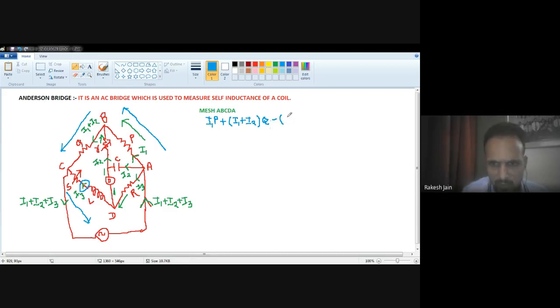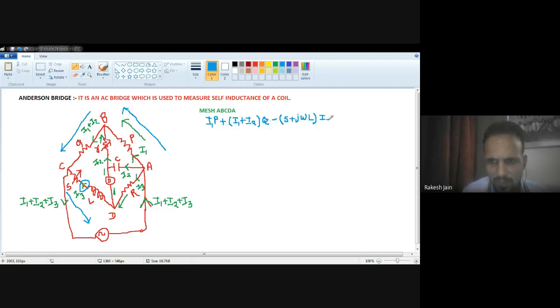And what is the total impedance? S plus j omega L, because the reactive part in terms of inductance is there. So S plus j omega L multiplied by I3.